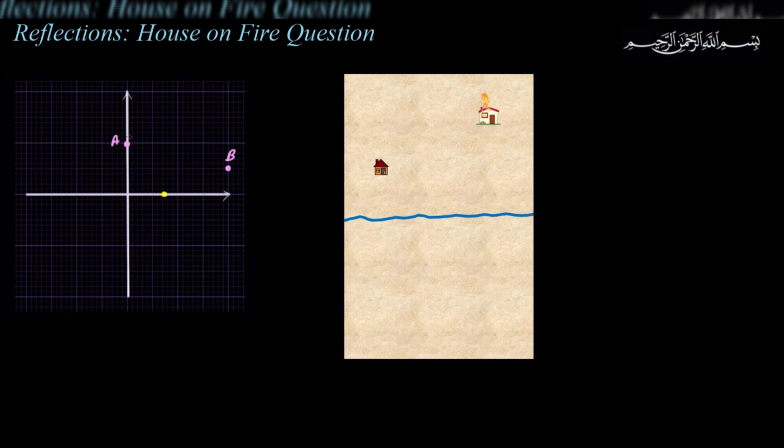You would take your house over here and reflect it across over here, and then simply take the reflected point and connect that, and this would be the point where you would have to stop on the river, because these two segments are congruent, and so taking this route or taking this route is going to be the same.